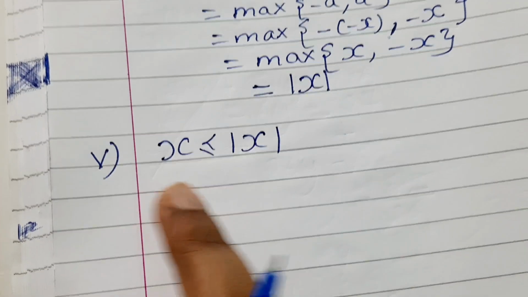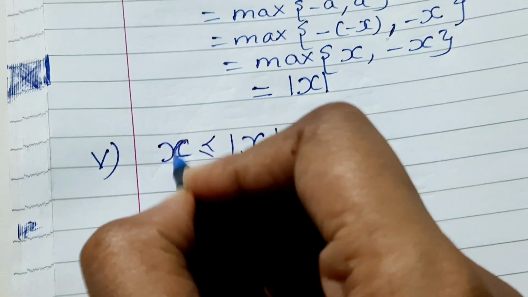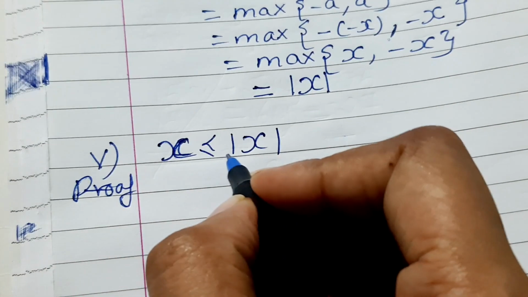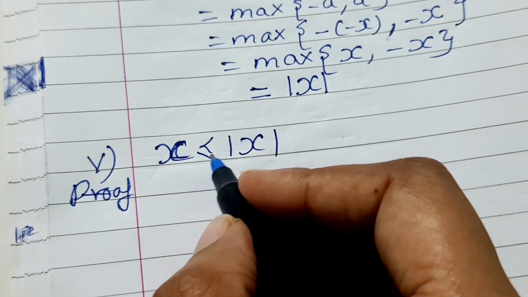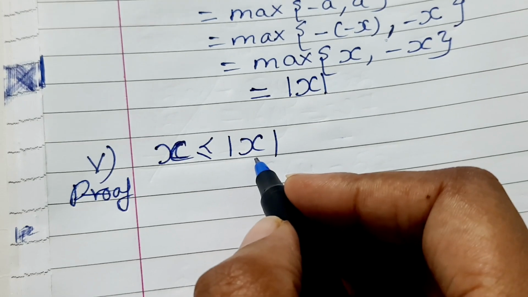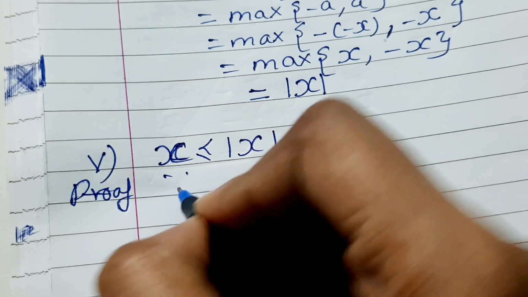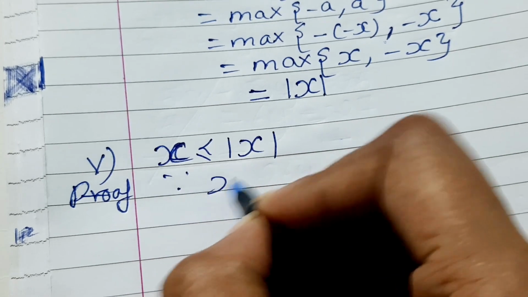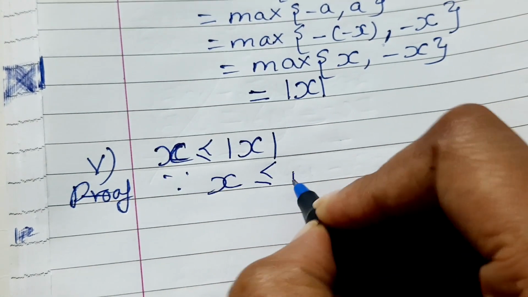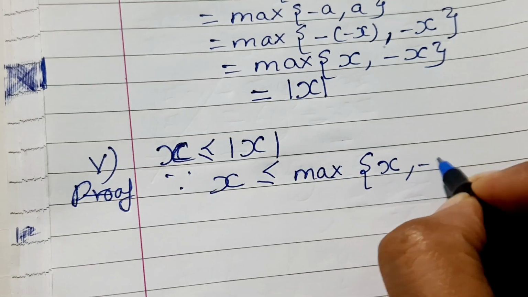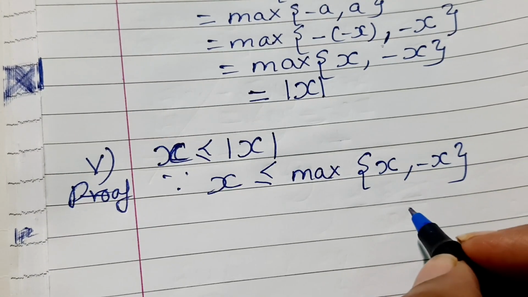Now let me prove this: x is less than or equal to modulus of x. We know that x is less than or equal to the maximum of x comma minus x, right?